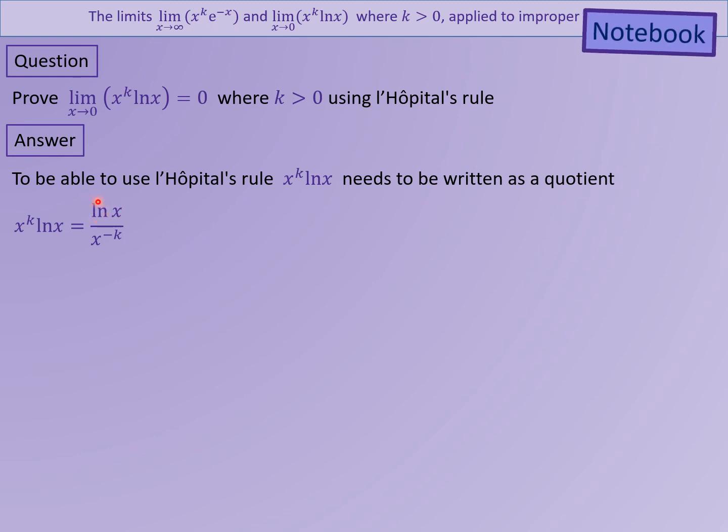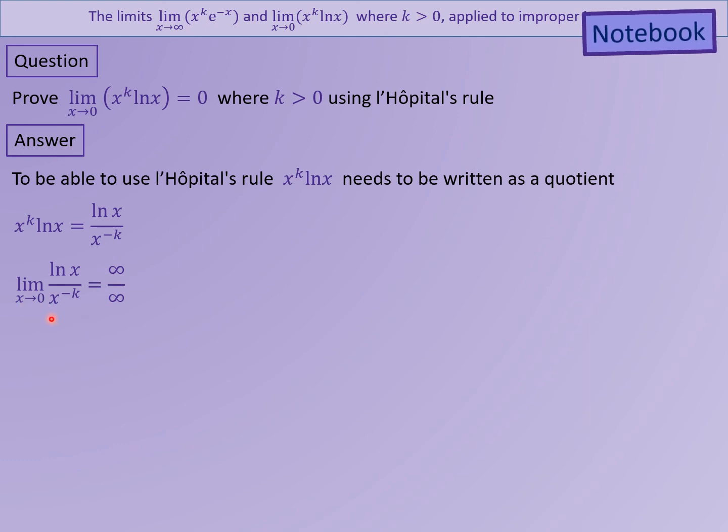Now, because I can't work out both of these straight away, that's why I couldn't work this out to be 0, I need to just double check that they both tend towards the same value as x tends towards 0. So that's my first check. Now I've noticed that ln x, as x tends towards 0, will tend towards infinity.